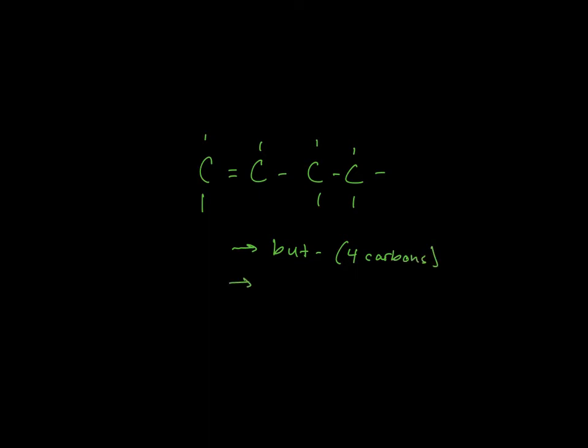It's also an alkene because of the double bond, and because of that, its name will be butene. But we have to figure out the number, and we count after which carbon it's placed. 1, 2, 3, 4. So it's after the first one. So it's 1-butene.